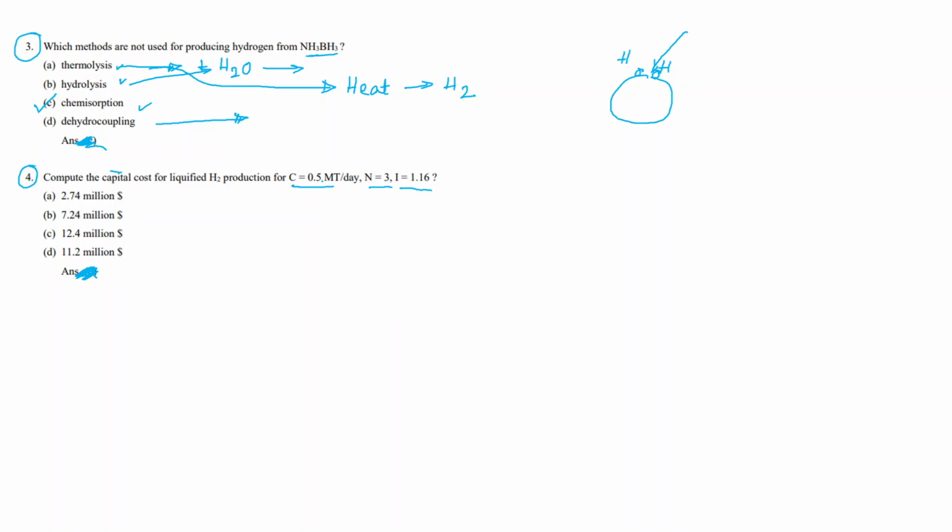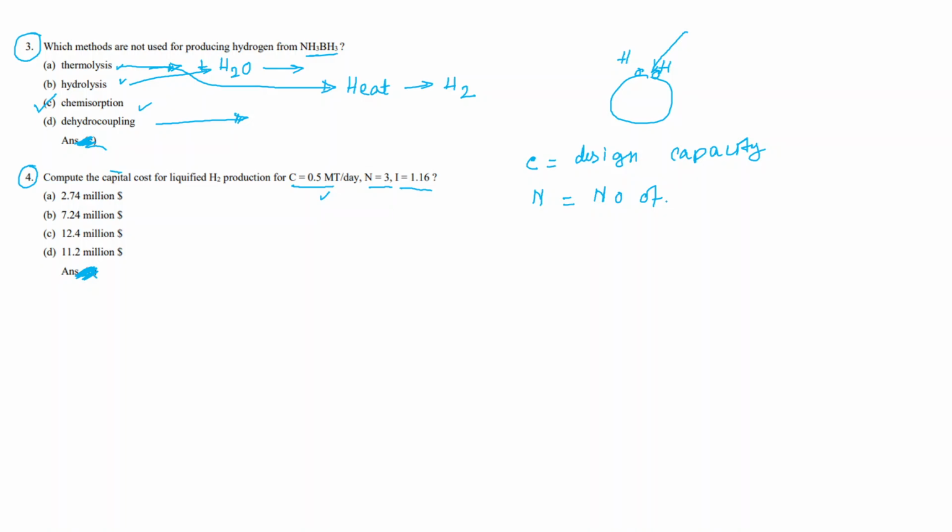It is given that the capacity is 0.5 metric ton per day. And what is the N? N is the number of liquefiers. How many liquefiers were used to liquefy hydrogen gas into liquid hydrogen?